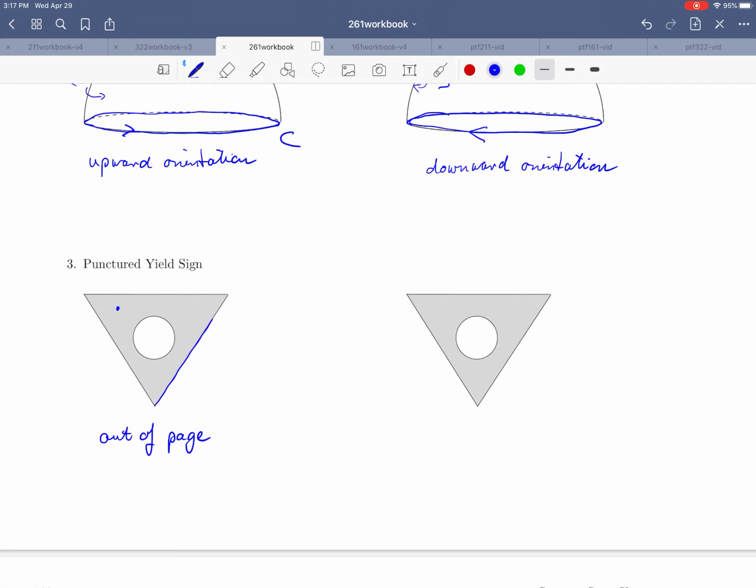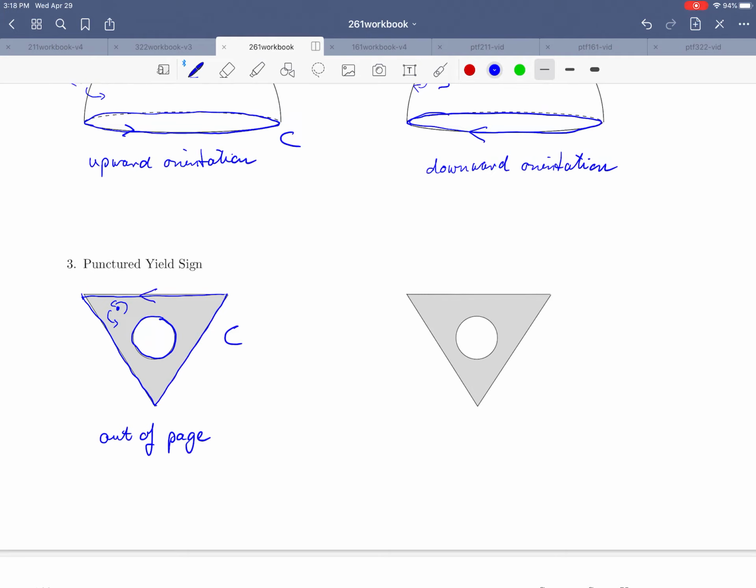We have the outside of our yield sign, and then of course we also have that hole in the middle. So we have two pieces of this boundary curve. All of that together is C, all those blue things that I just drew in, except for the dot. The dot is my normal vector. Now imagine the thumb is pointing out of the page and you're curling your fingers, you'd be curling this way. And so you can see the orientation very nicely for the different pieces of the boundary curve.